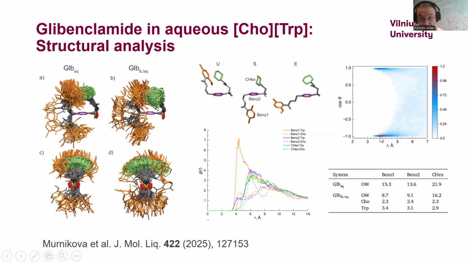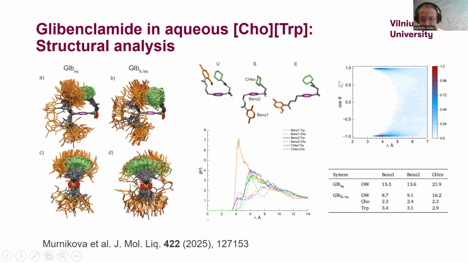We have also found prominent pi-pi stacking interactions formed between tryptophanate anions and this particular benzene ring of glibenclamide. So really, these complexes between the glibenclamide molecule and the ions of the ionic liquid are truly formed. This is what we see from our molecular dynamics simulations.